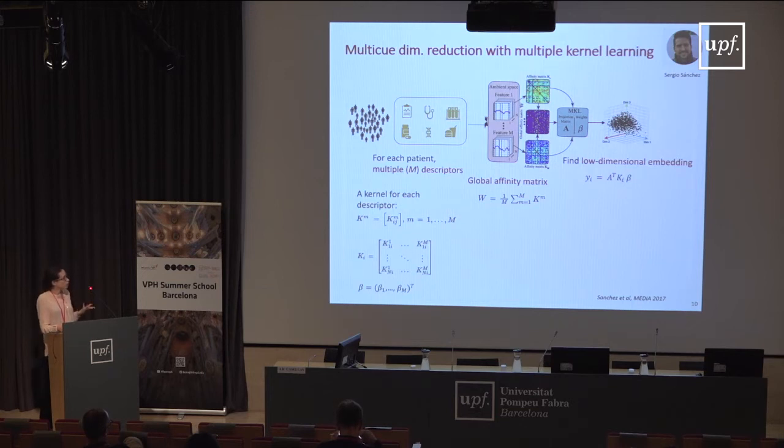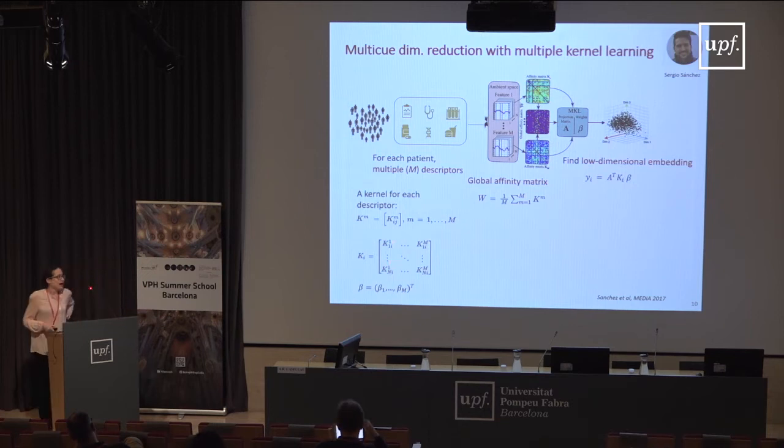So now, for each of the patients, I will have a matrix that encodes the similarity of individual i with all the other individuals and for all the descriptors.